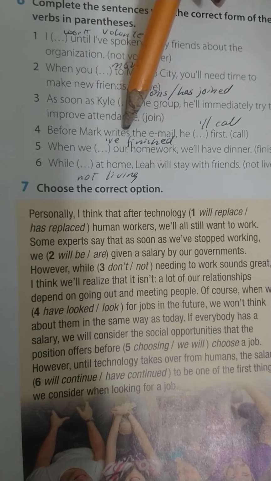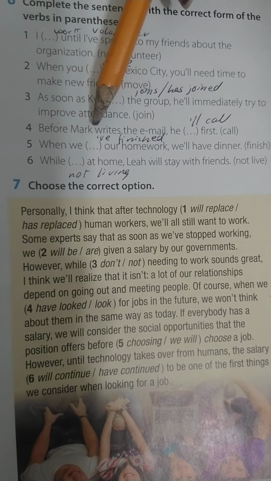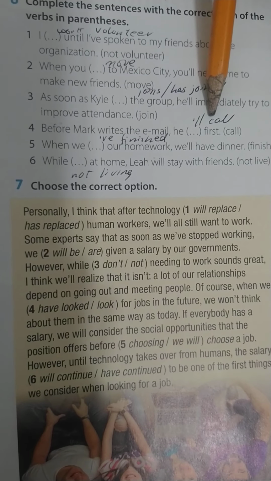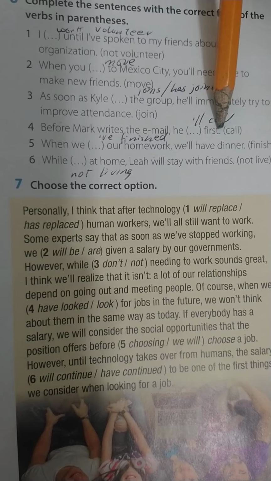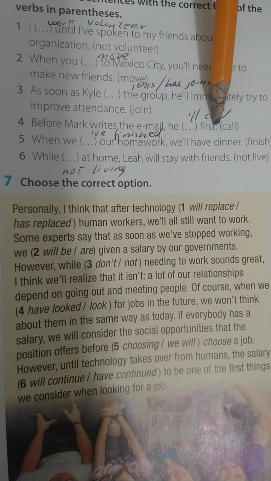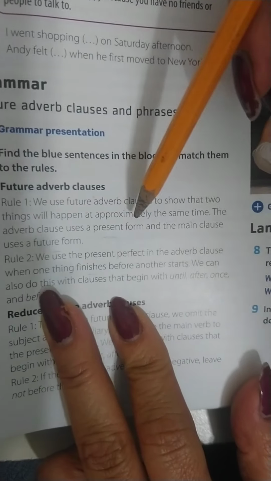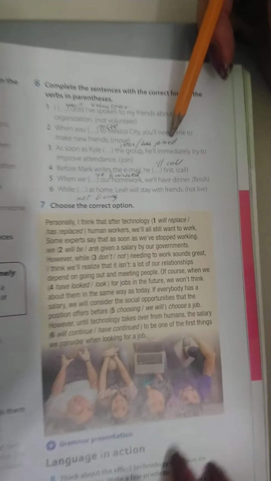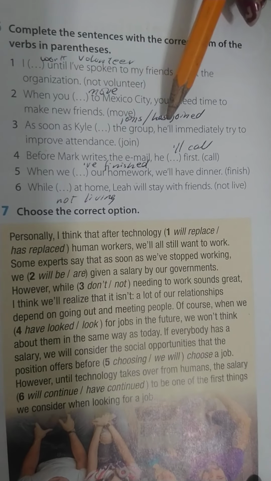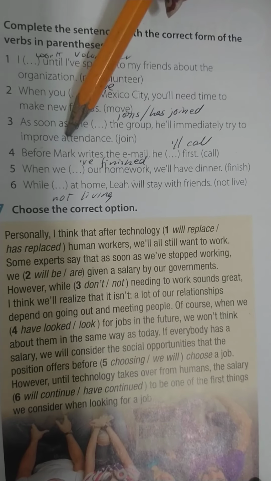Before Mark writes the email, when we have this in present, the next one has to be in future. He will call first, okay? In this case, we are saying things that will happen at approximately the same time. As you can see, he joins and then he immediately tries to improve attendance.